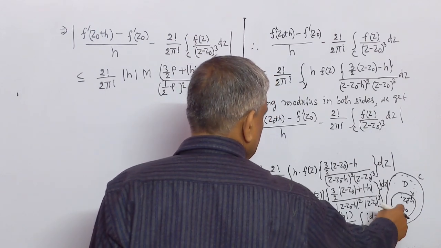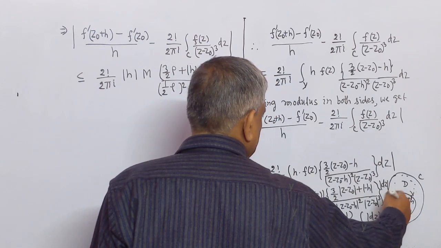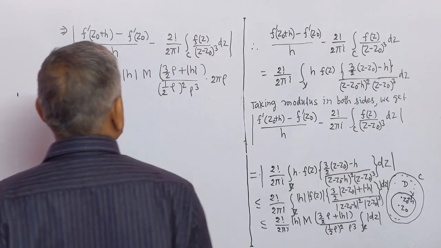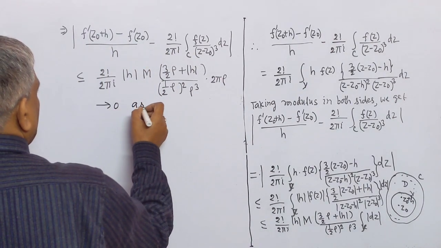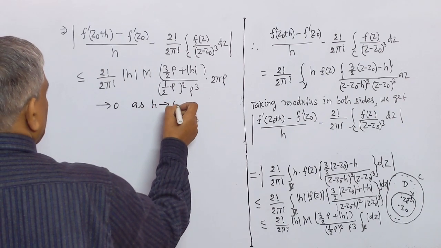Since the radius is rho, the circumference is 2 pi rho, and this tends to 0 as h tends to 0.